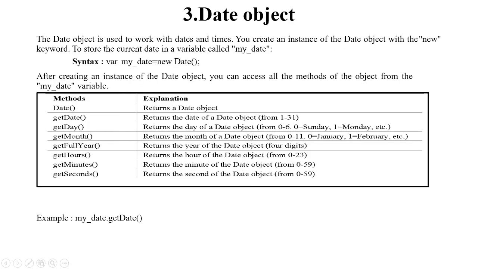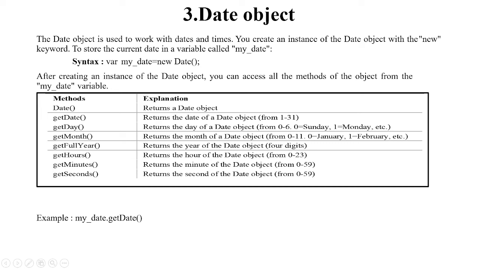Now let us move to the date object. The date object is used specifically if you want to work with dates or times. Here, in order to access the current date, I'm using the keyword called new. Date is the method to access the current date, and with the help of the keyword new, I'm accessing the current date and keeping it in a variable called myDate.